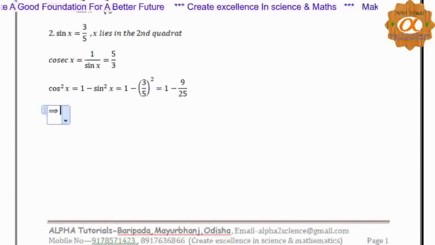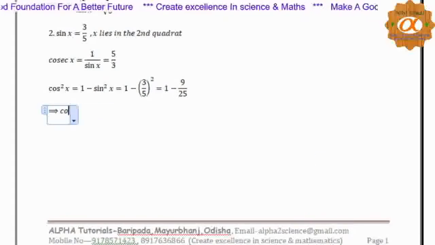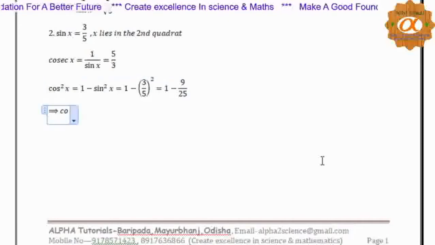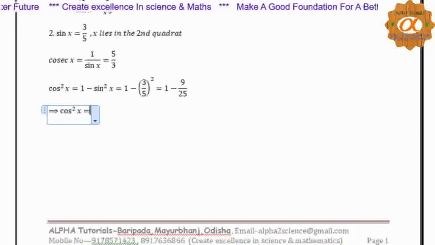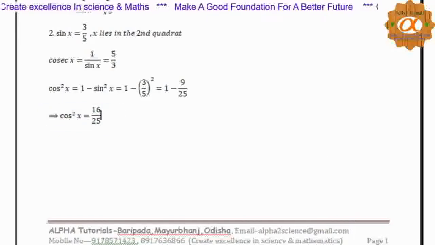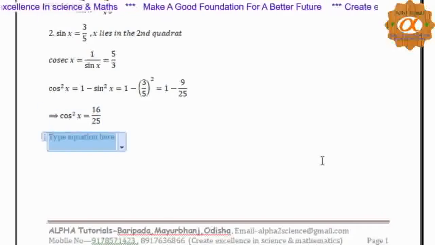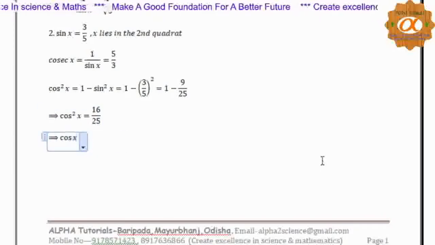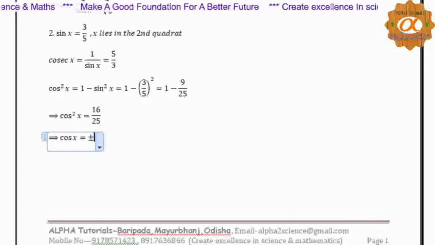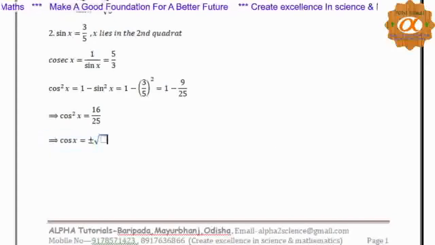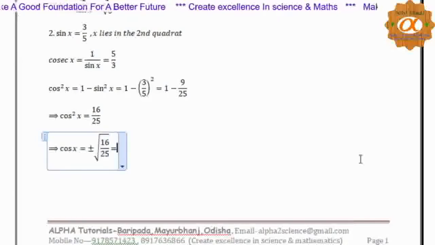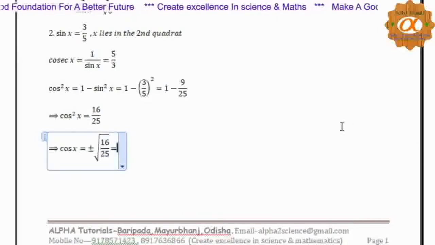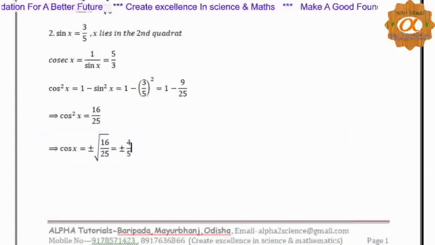That means cos square x is equal to, taking the LCM, 25 minus 9, that is 16 by 25. That means cos x is equal to plus minus under root 16 by 25, that is equal to plus minus 4 by 5.